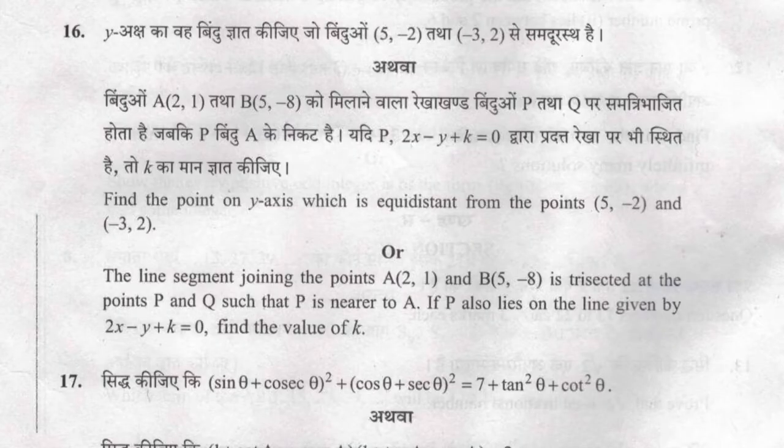The 16th question. In this we have to find the point on the y-axis which is equidistant from the points 5, minus 2 and minus 3, 2. Let's say this point A is (5, minus 2), and the second point, let it be B, is (minus 3, 2).